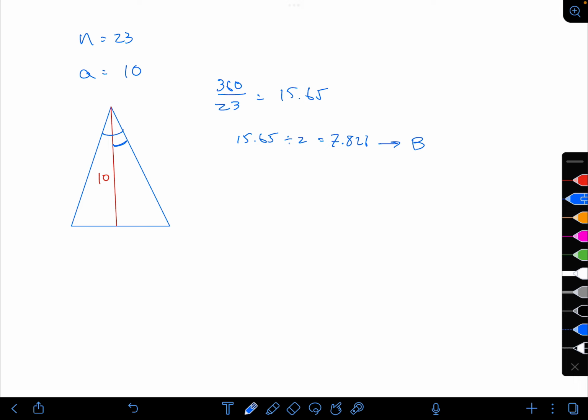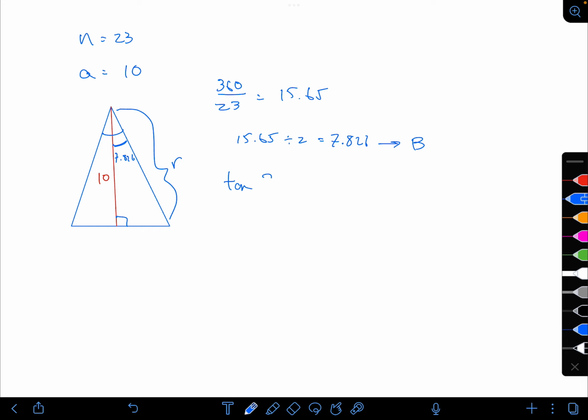Well, why do I need that angle? What you notice is that I don't have the radius here like I did in the last problem to make my life easy. So I'm going to go find that radius. And to find that radius, I'm going to solve this nice little right triangle. I've got this angle being 7.826. I know the height is 10, so I'm going to do some tangent here.